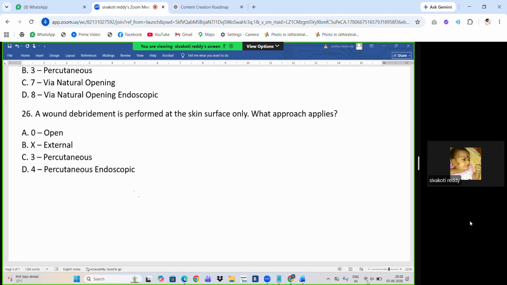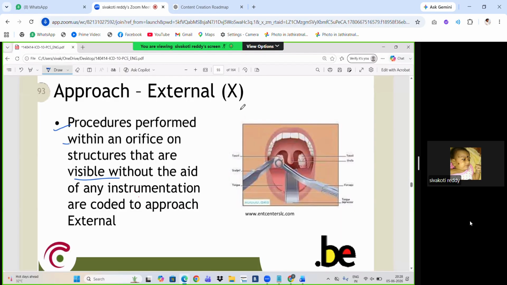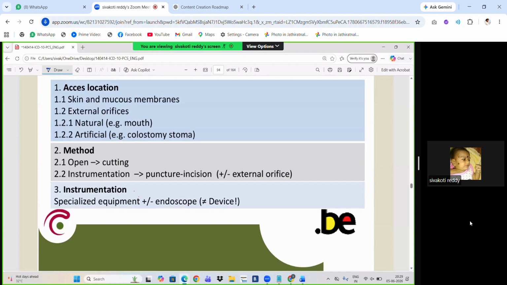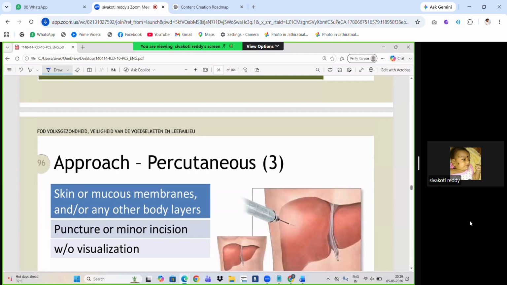Next, can we move to the next character? Sixth character. What is the sixth character? Device. The sixth character should be device.